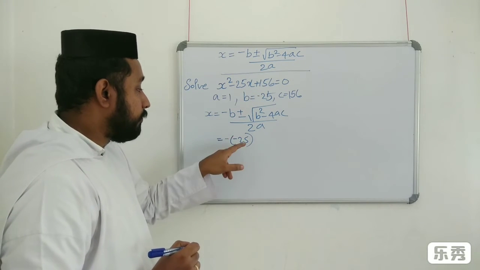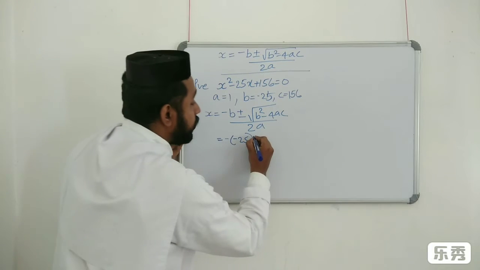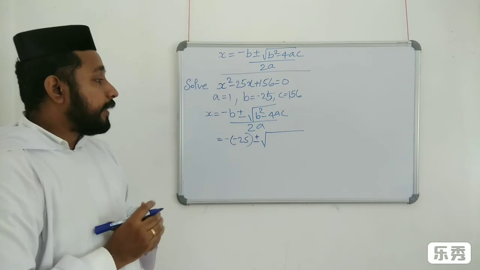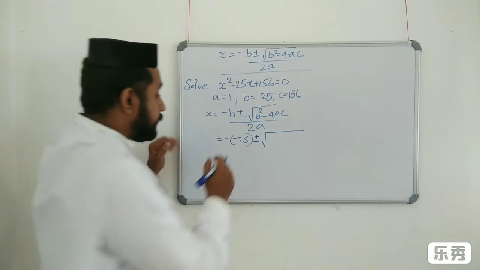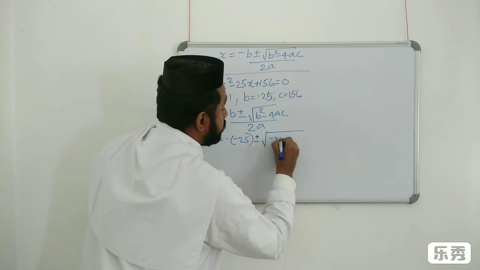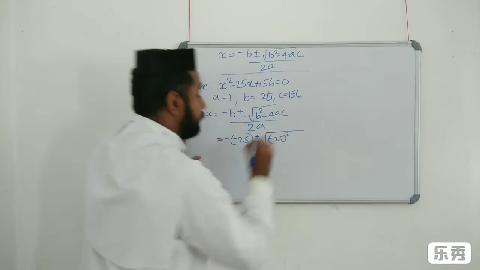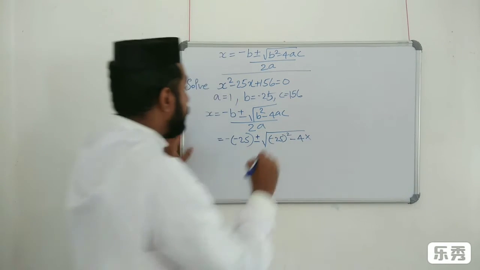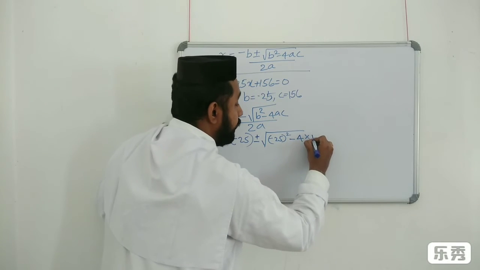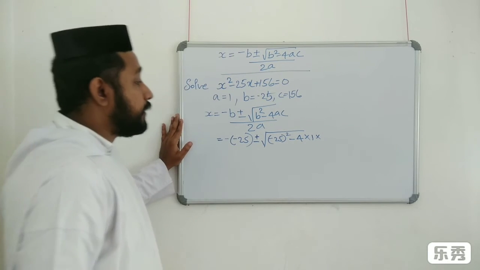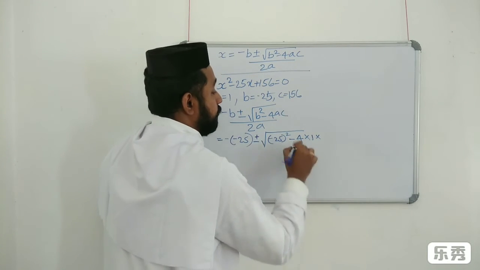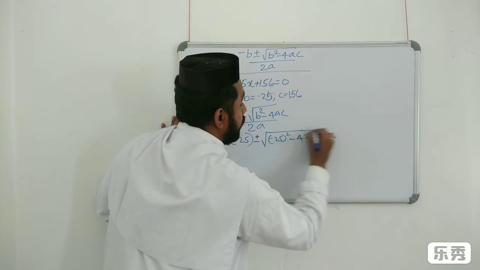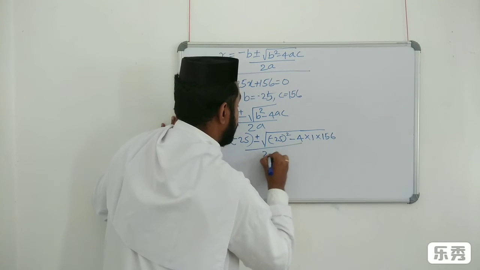So instead of b, we write minus 25, plus or minus root of b square minus 4ac. b square means minus 25 square, minus 4 into a, where a is 1, into c, which is 156, divided by 2a.